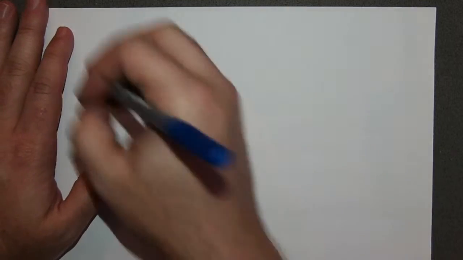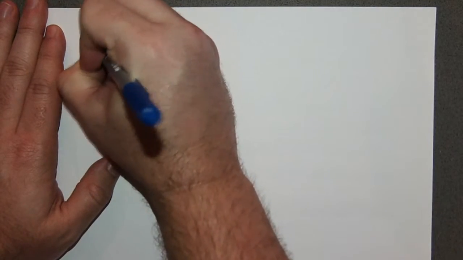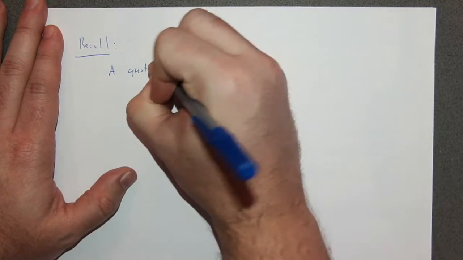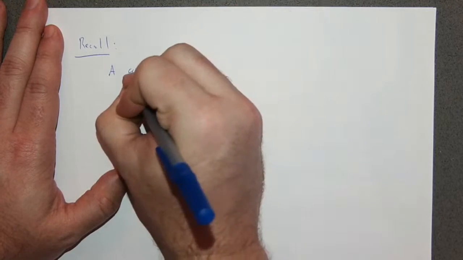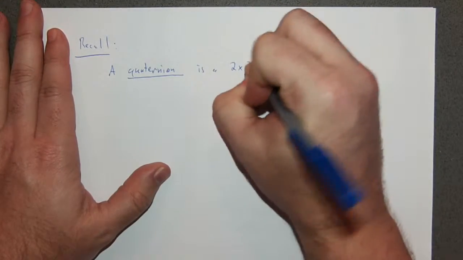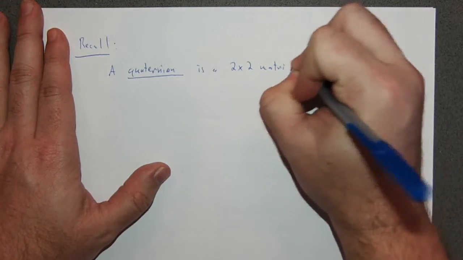So recall a Quaternion had a description using matrices. So a Quaternion is a 2 by 2 matrix. This is one way of thinking about it.